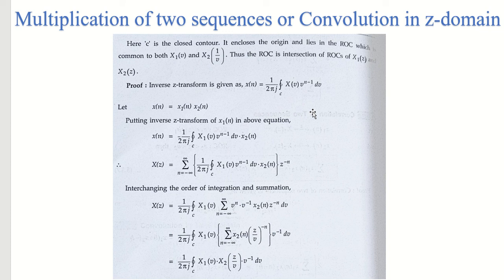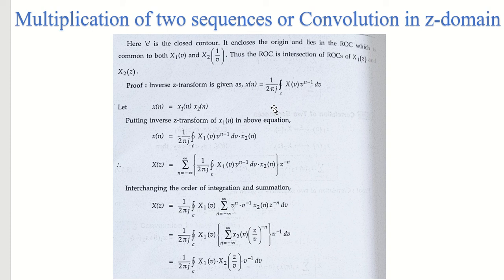So see, first we know what the inverse Z transform is, right? The inverse Z transform basically gives us x of n, and it is equal to 1 upon 2 pi j closed contour integration X of v raised to n minus 1 into dv. Now let's take multiplication of both of the discrete time signals first.